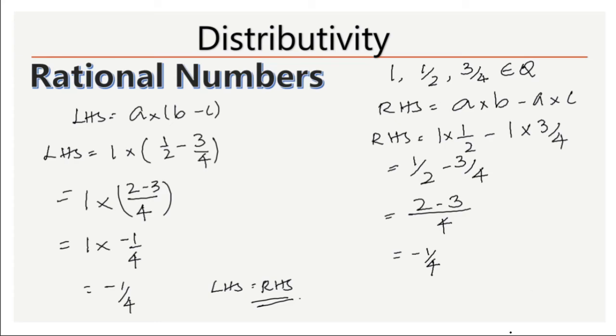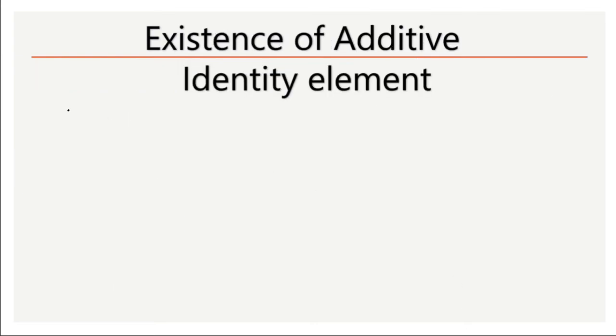Let's discuss another very important property, the existence of additive identity element. Remember this statement, when a is added to 0, I get a, which is same as 0 added to a.